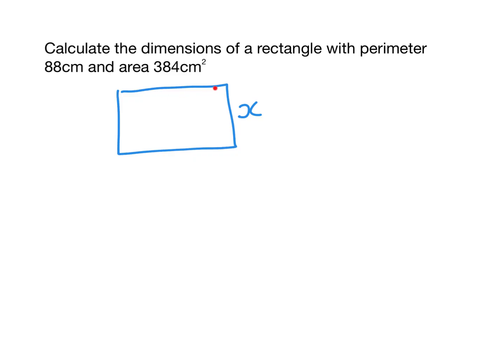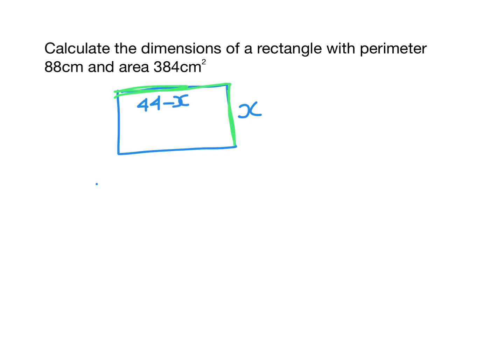I can't use a y here because we don't know how to solve quadratics where there are two variables. Now, if the perimeter is 88 centimeters, that means it's 88 all the way around. So that means the length and the width add to half the perimeter, they add to 44. This plus this is 44. So if the width is x, the length is 44 minus x.